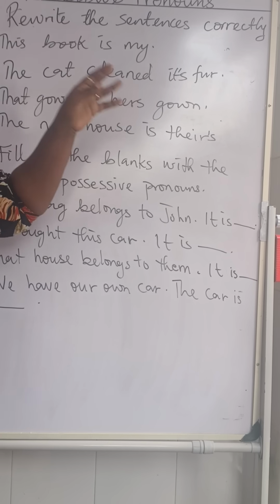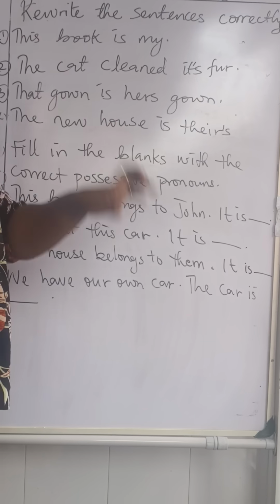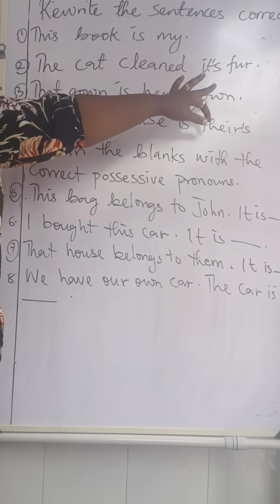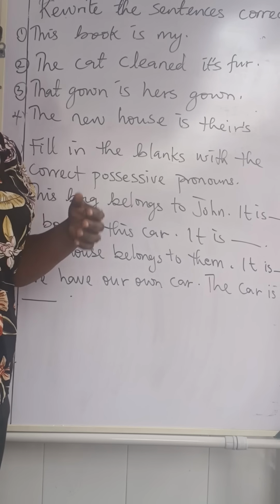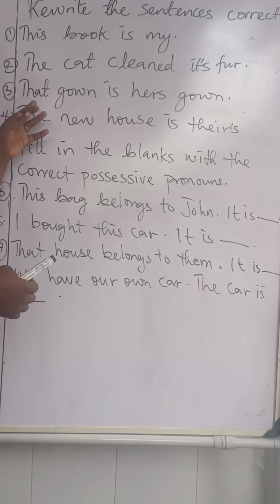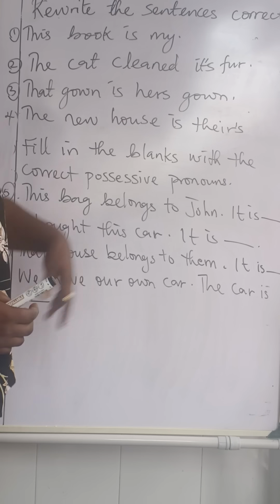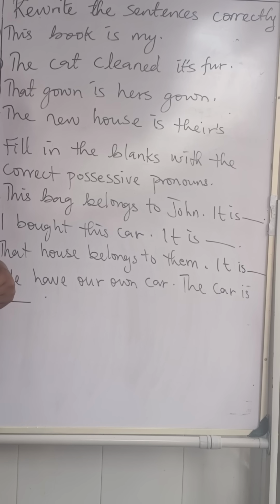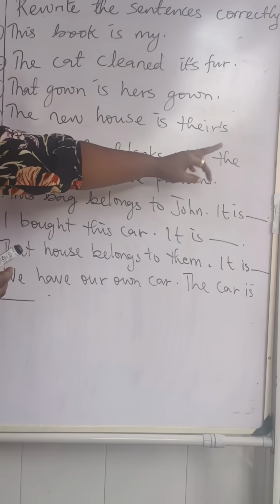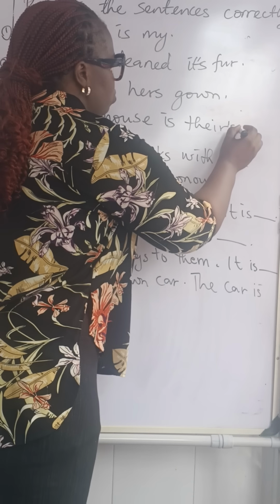The instruction says rewrite correctly. Number two, the cat cleaned its floor. If you understood what we talked about, you will know the mistakes. Three is that gown is has gown. Does it sound correctly in the ear? Rewrite if it doesn't. Number four, the new house is theirs. The new house is what?